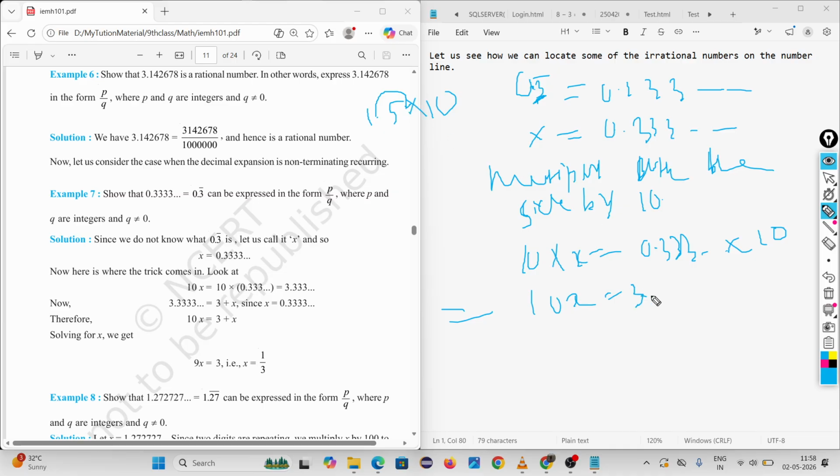So when you multiply 0.3333 by 10, it will become 3.3333.